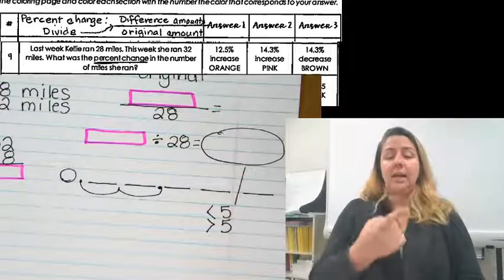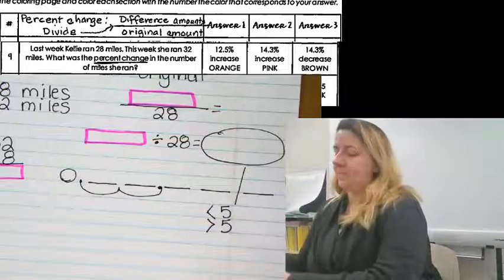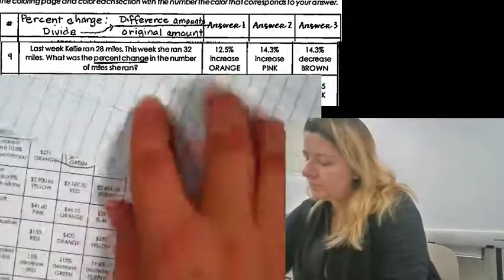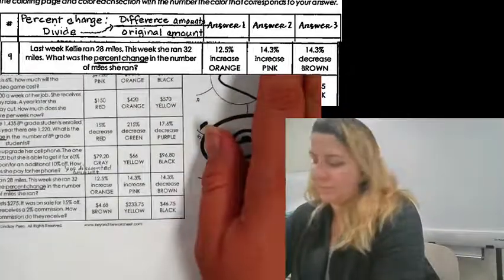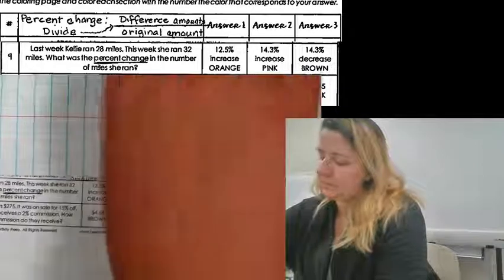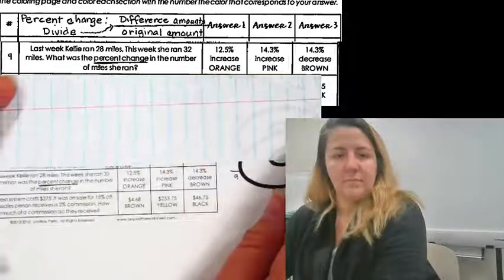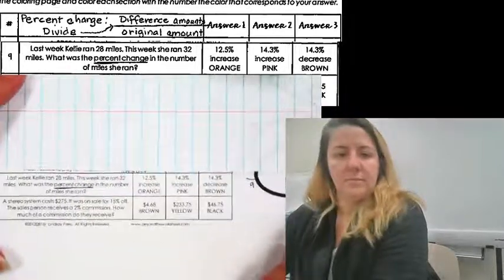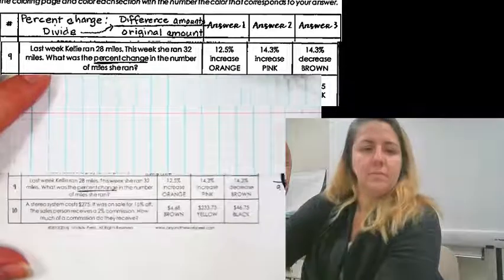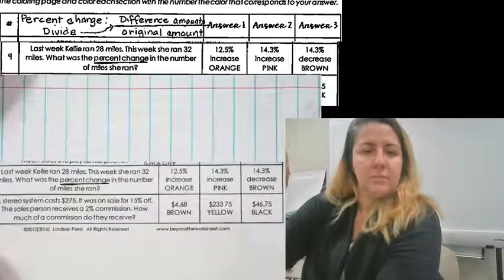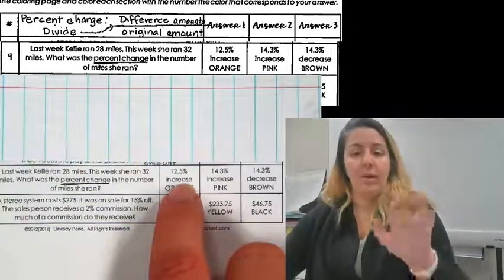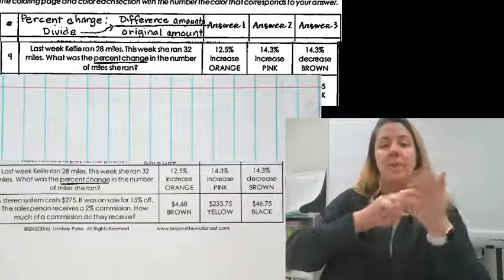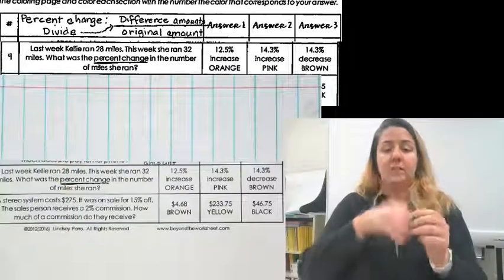Now, look, for answer 1, it says 12.5% increase, meaning the percent went up.